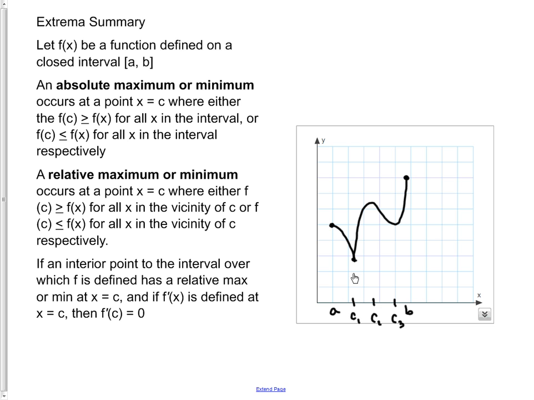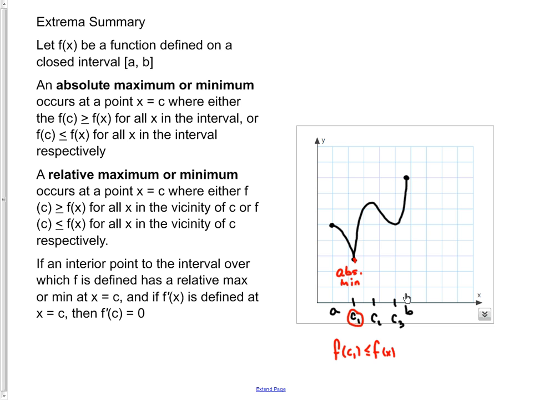And we can see that, for example, at x equals c1, we've got an absolute minimum. Right? We're going to go ahead and label this. Here's our absolute minimum at c1, right? It's f of c1, according to the graph, is less than or equal to all the other f of x on the interval from a to b.